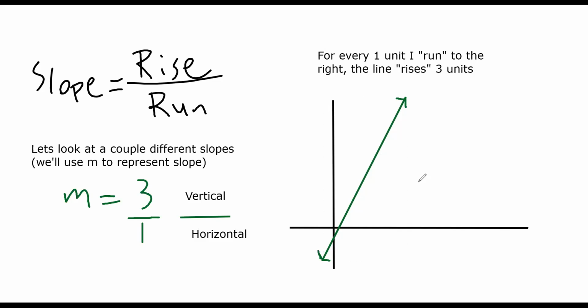And what this is going to mean is that for every, and it's a little tough to draw, I'll admit, I'll use red. For every 1 unit I go to the right, that's 1 unit. This thing rises, it goes up 3 units.